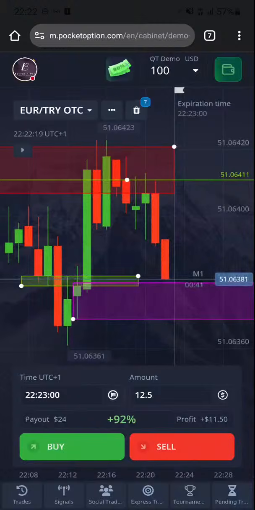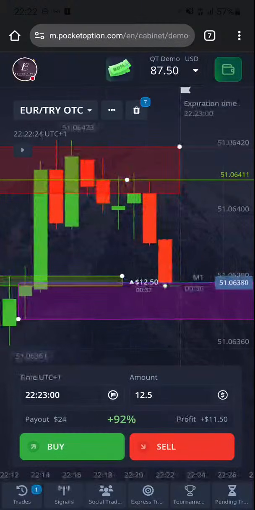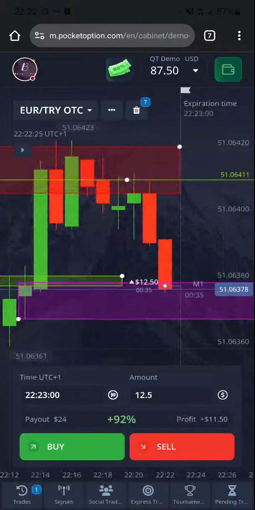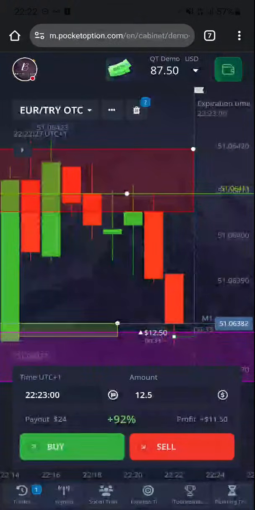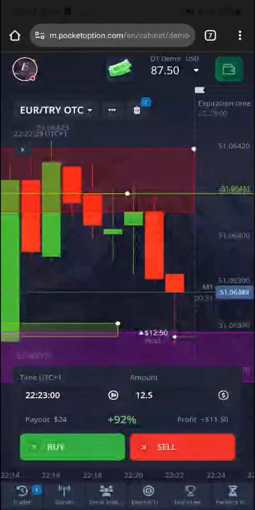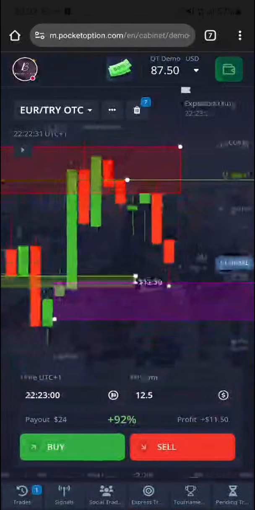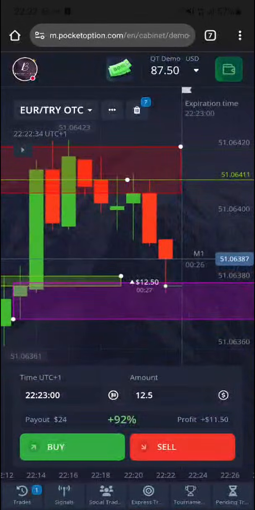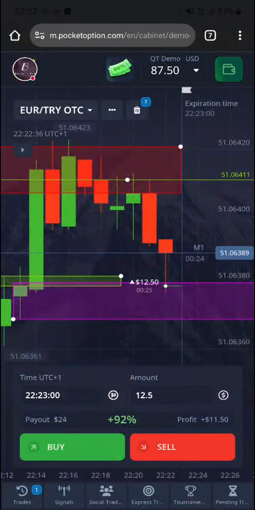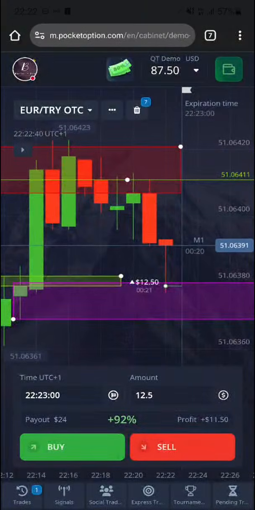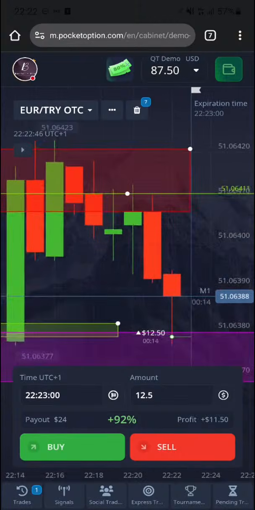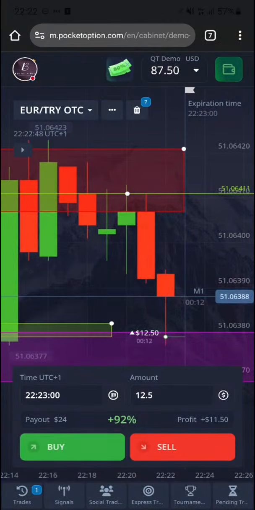Okay, we'll take the trade now. I'm expecting a push to the upside from here. So let's see. That's good. We have 22 seconds left, so we'll just wait for it.